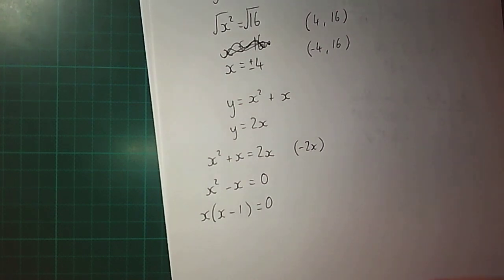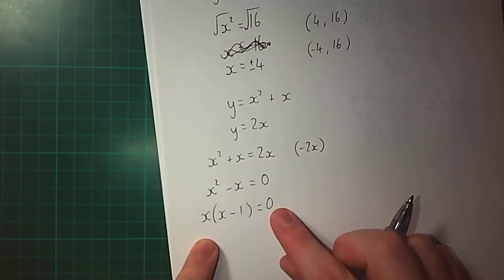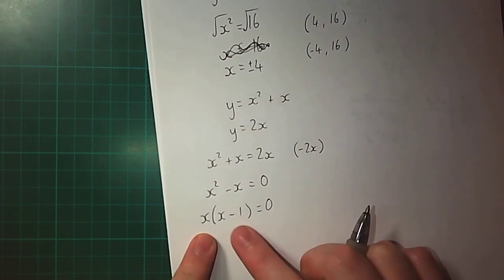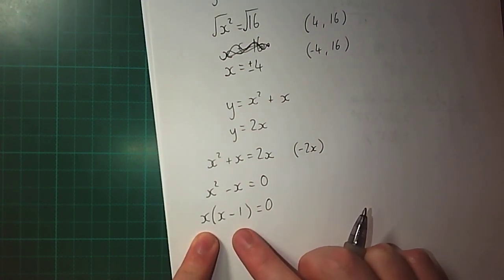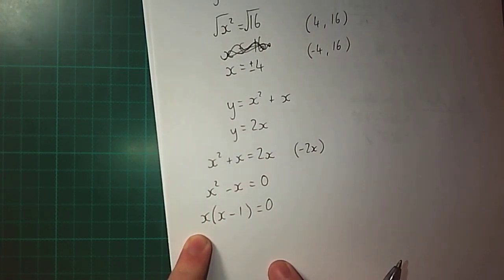Now from here we can actually see what both our x's are, and that takes a bit of practice. Anything times 0 will equal 0, and there's a multiplication going on here, so we know that one of these is going to be 0, either this x or this whole bracket.